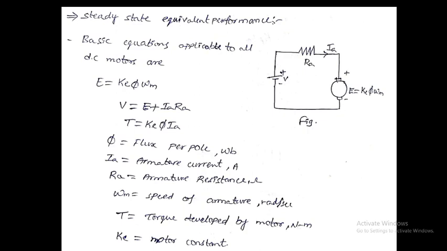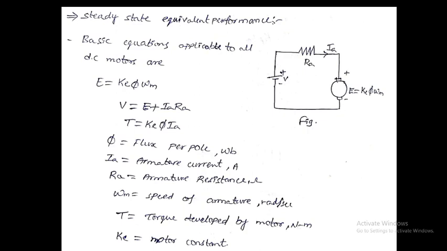This E is equal to Ke into phi omega m. If it is a series motor, we can replace that phi with the If value. If it is a shunt motor, phi is another constant. So again, the V equation: supply voltage V is equal to E plus Ia into Ra.